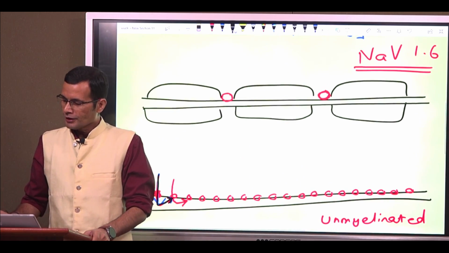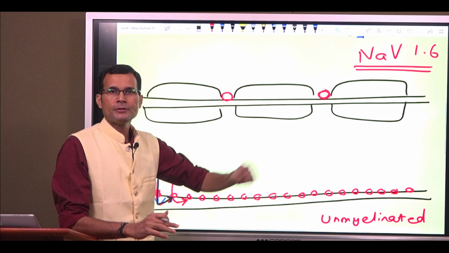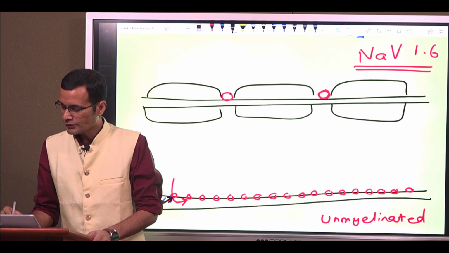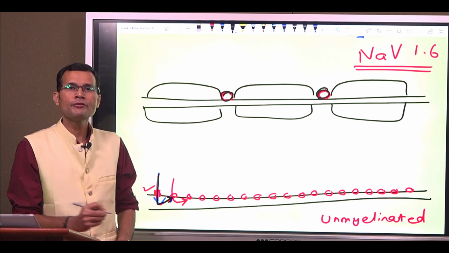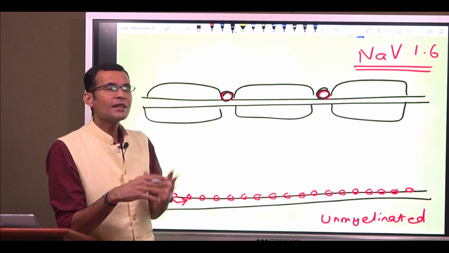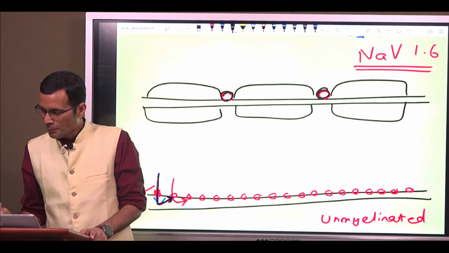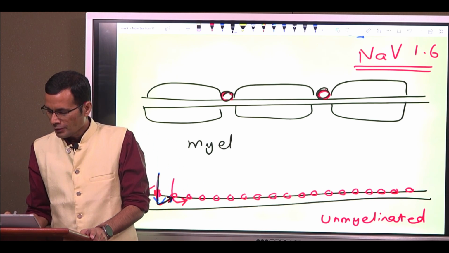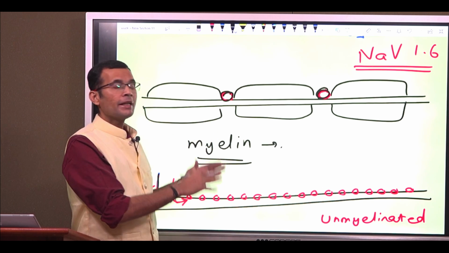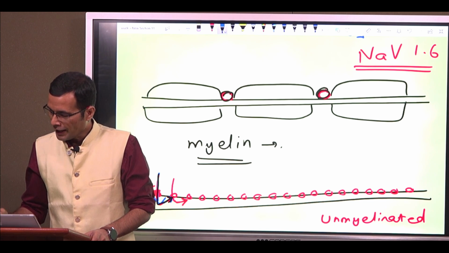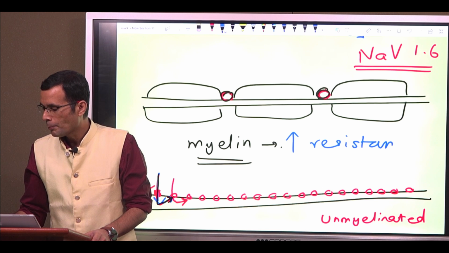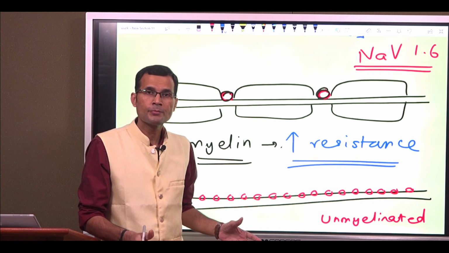Now coming to the myelinated nerve fiber. The myelinated axon has sodium channels concentrated only at the nodes of Ranvier. Why that is affordable is because the myelin sheath decreases the membrane capacitance and increases the membrane resistance.